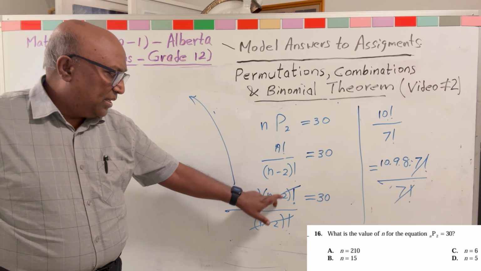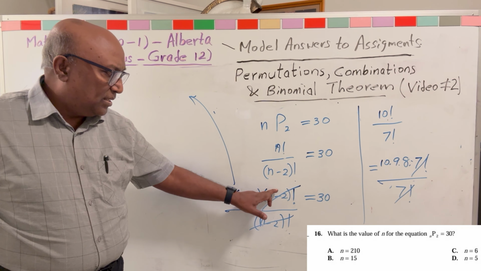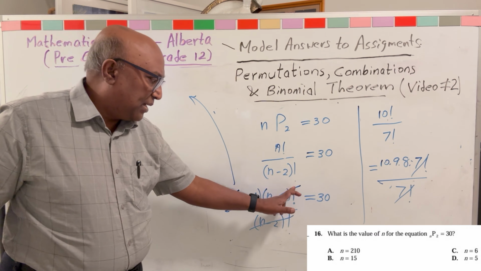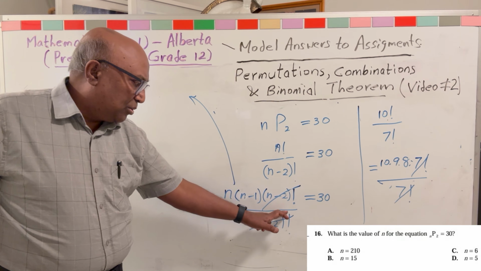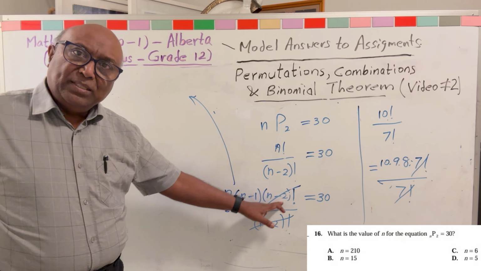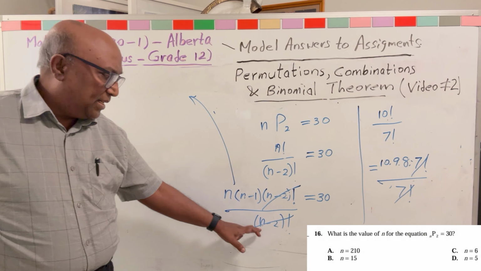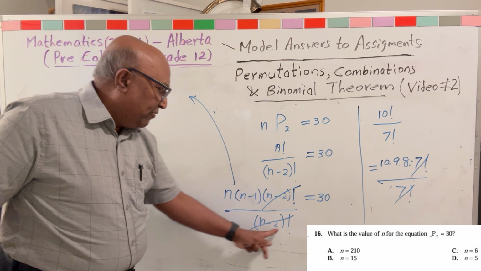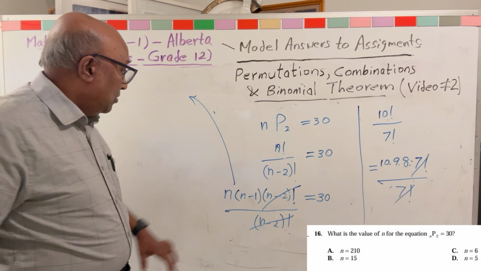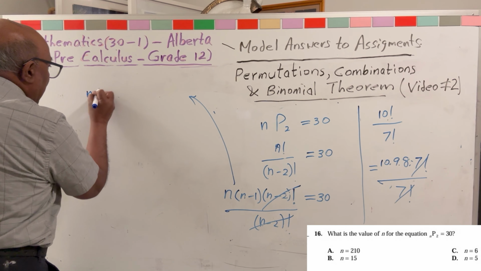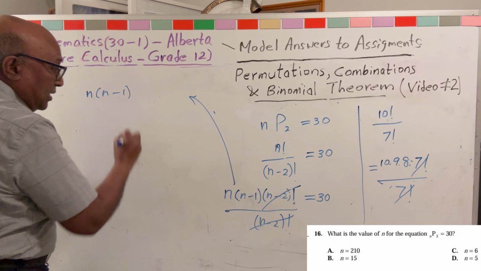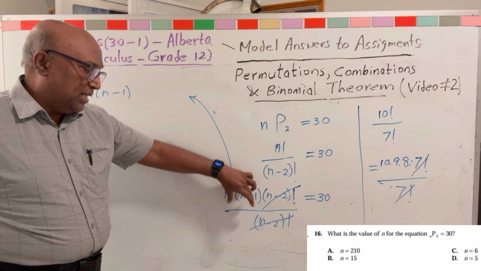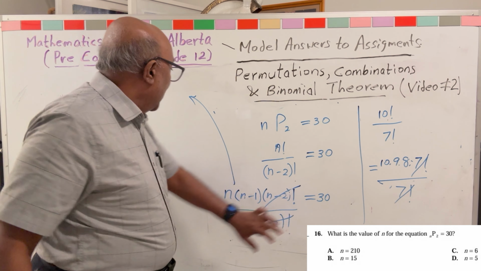When I reach the number equal to this, I stop. For the remaining product, I use the factorial. Now you can cross this and this. When you cross these in the numerator and denominator, finally you remain only with n times n minus 1 on the left side, and on the right side you have 30.